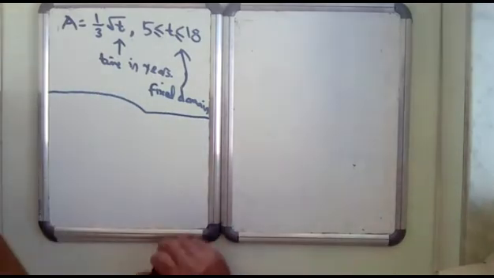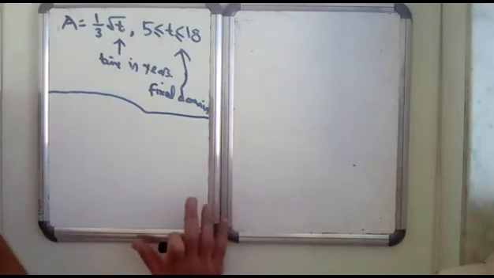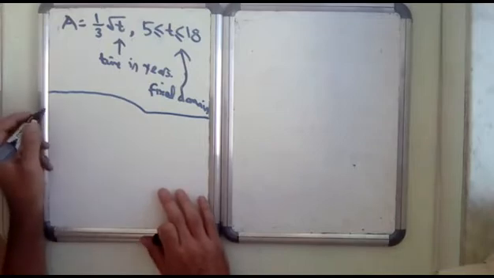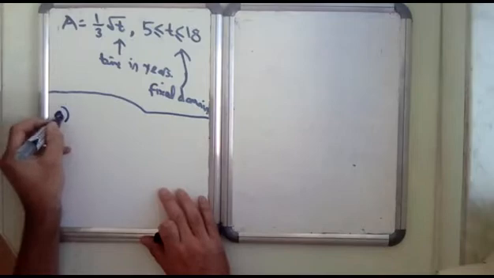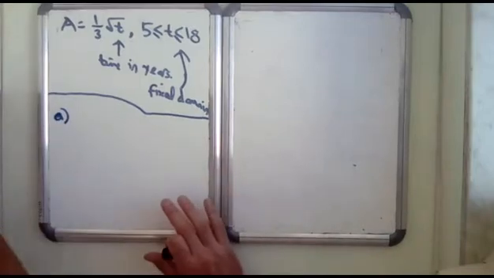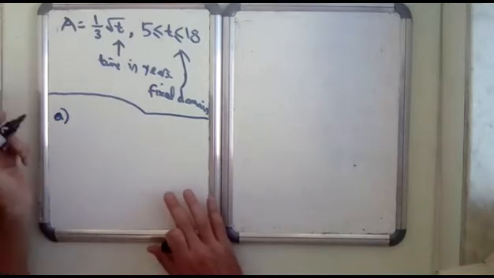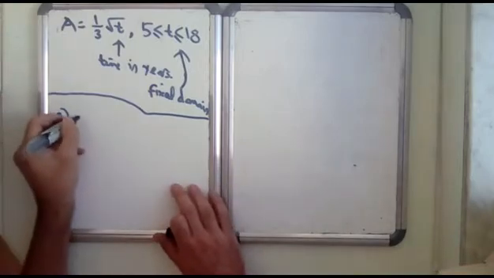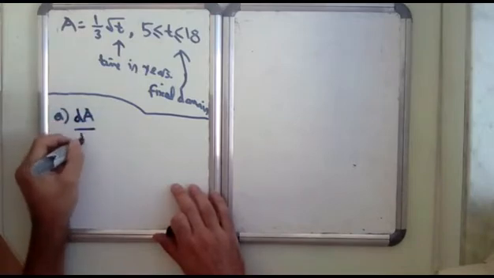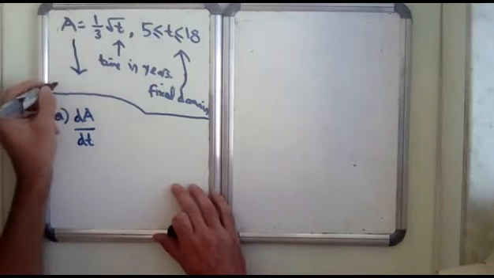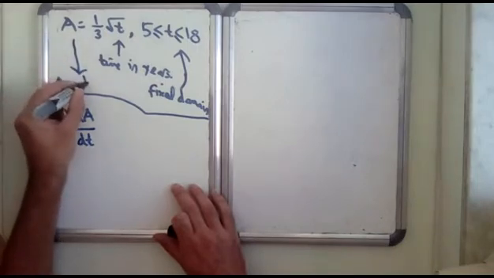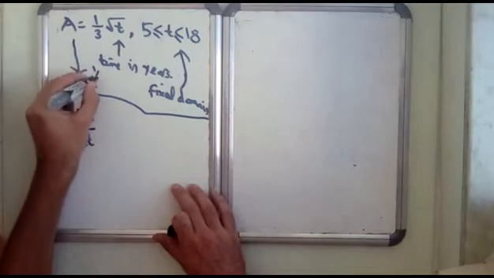So, part A, find the rate of improvement in ability to understand spatial concepts when a person is 9 years old, when a person is 16 years old. So the rate of improvement, that's the rate of change of ability, which is going to be positive. If it was a negative value, it wouldn't be a rate of improvement. Either way, we need to find dA by dt. To do that, you're going to want your ability in this form, 1/3 t to the half.